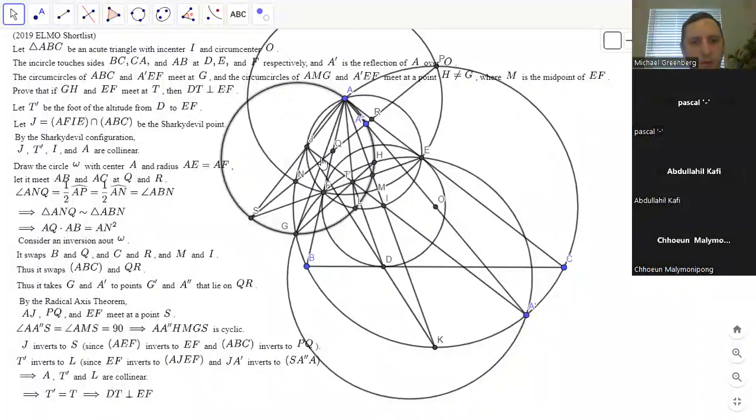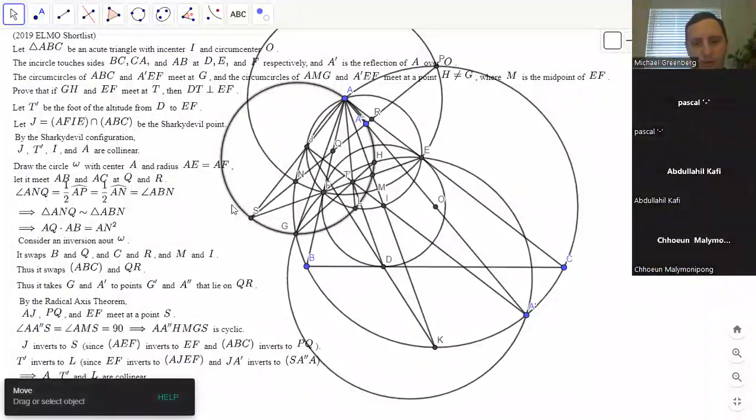So we know the inversion of G prime lies on this line, but how do we know it lies on this line? Well, because JA prime inverts to this circle.